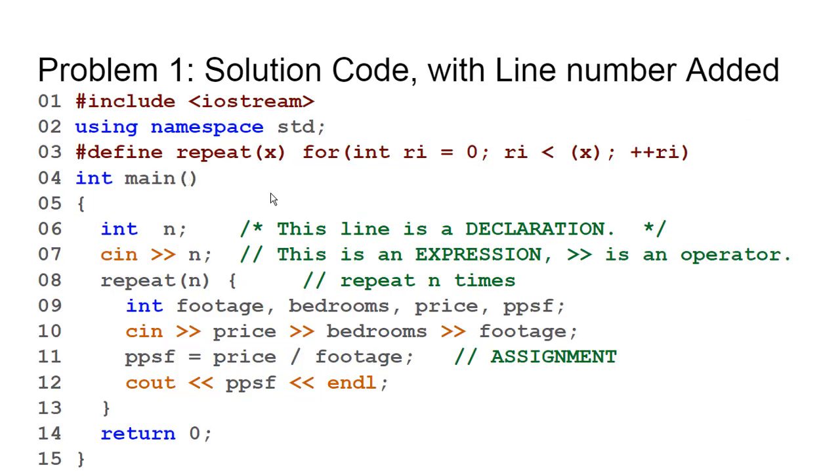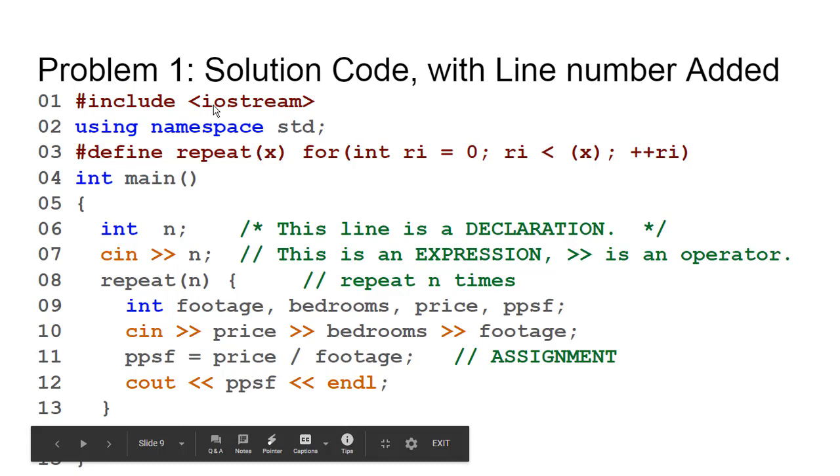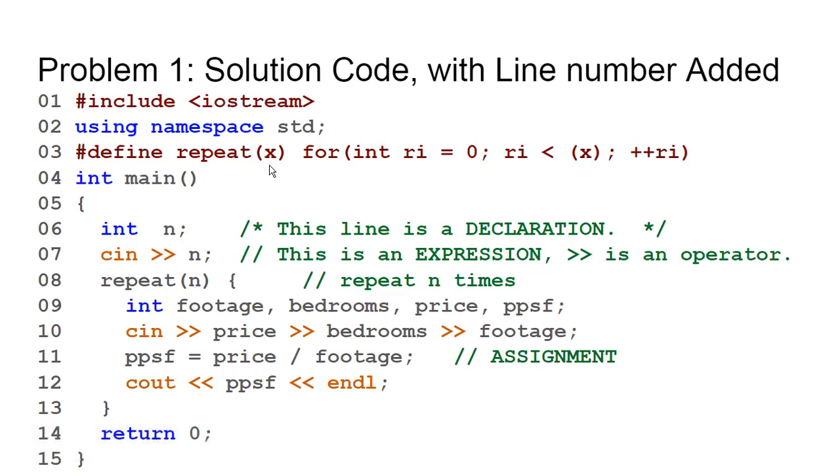So this is the code for this problem. I added the line numbers, so these are not part of the program, just to make it easier for me to explain things. It will take a while for us to go through every piece of this code. In fact, there's one thing I ask you to bear with me for now, because I'm not going to explain how it works, which is line 3.